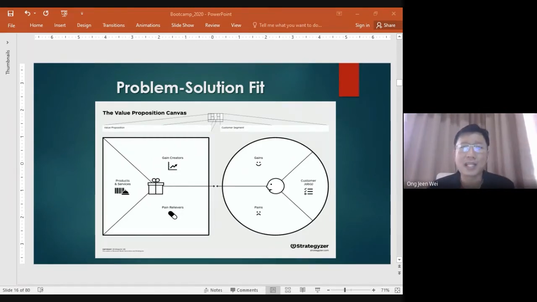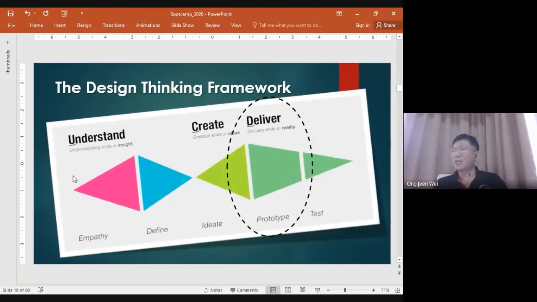The moment you identify customer needs, you create what we call a minimum viable product. Now push it to the market. Don't wait. If it doesn't work, the market will tell you that it doesn't work, and you quickly come back and pivot your product. So we are over with the first three steps in design thinking.